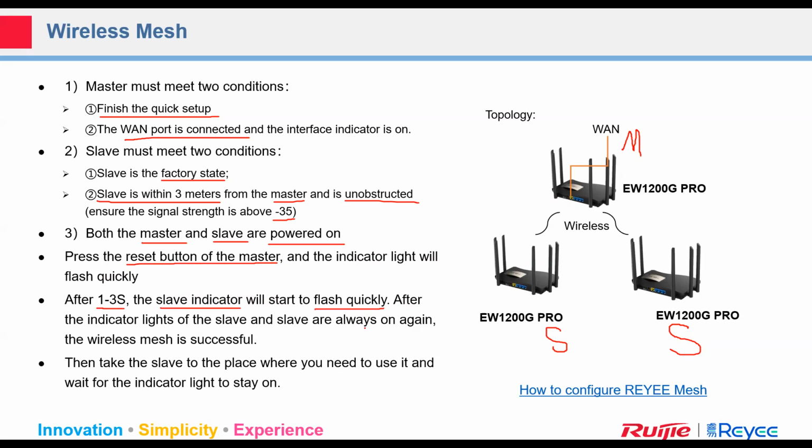After a while, the slave's LED will be always on, and it indicates that the wireless mesh is a success. After you have set up this mesh, you can move it to the place that you require, as long as the indicator stays on.